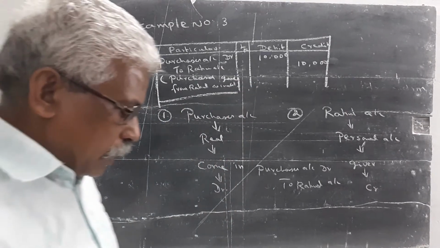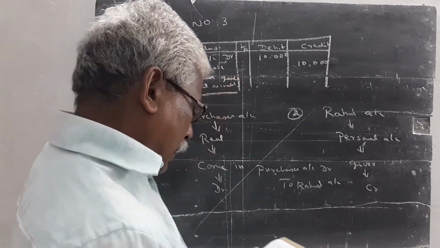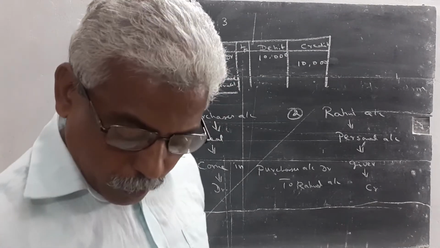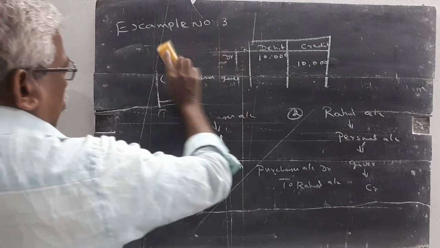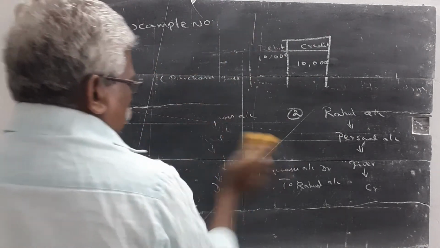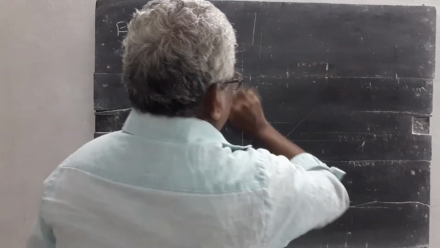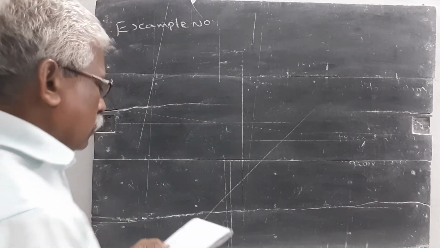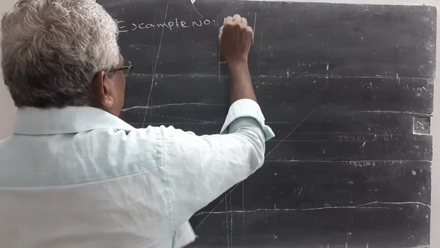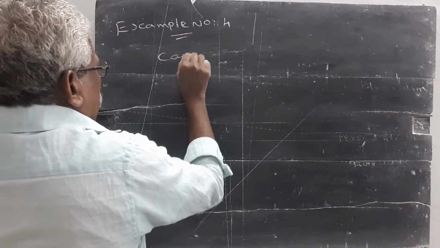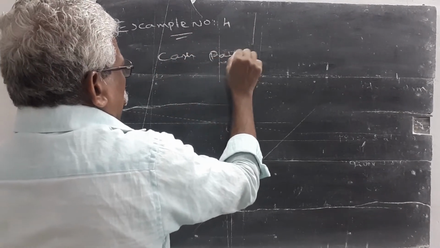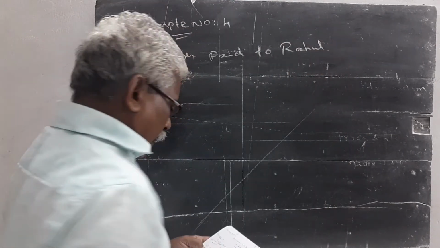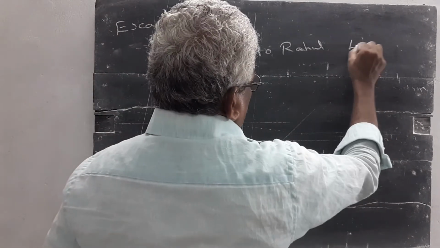Okay, example number 3 is also completed. Then example number 4: cash paid to Rahul, rupees 4,000.